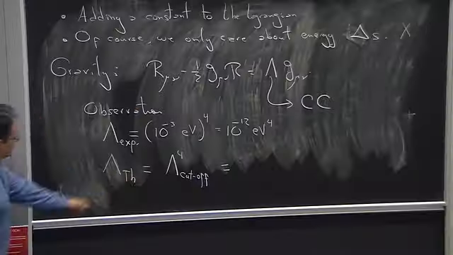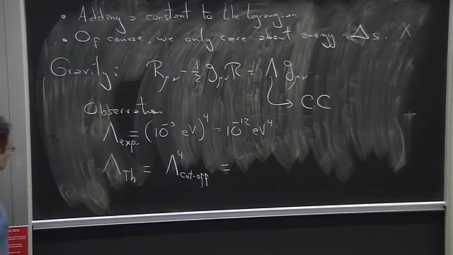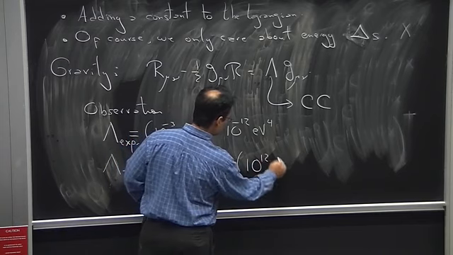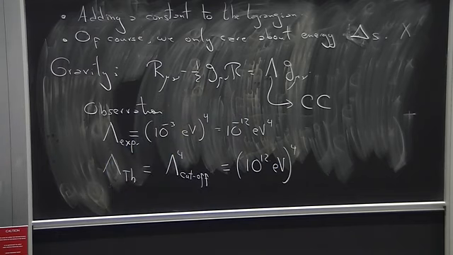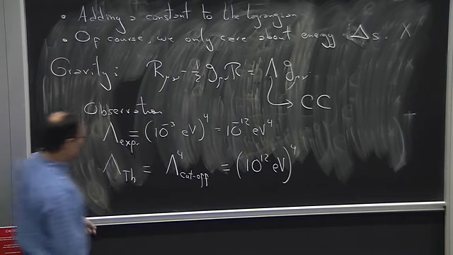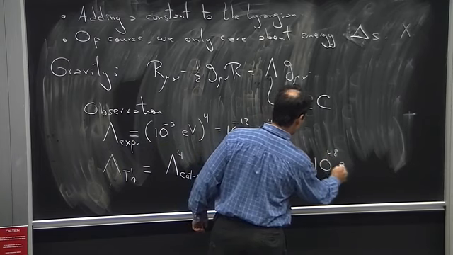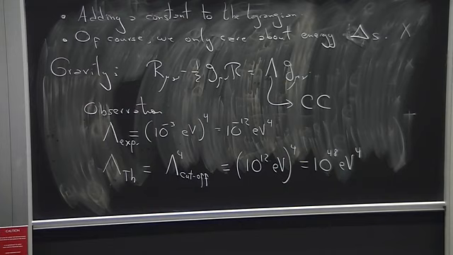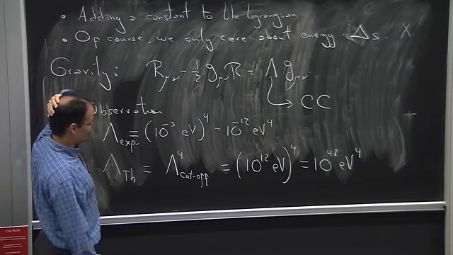It turns out that we understand the standard model up to energies of, say, 10 to the 12th. So we seem to have a small discrepancy. Only 60 orders over.